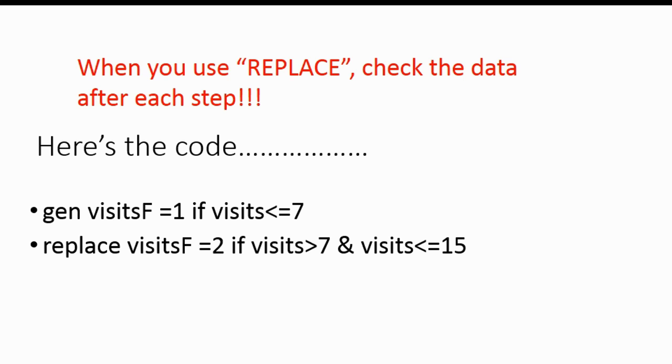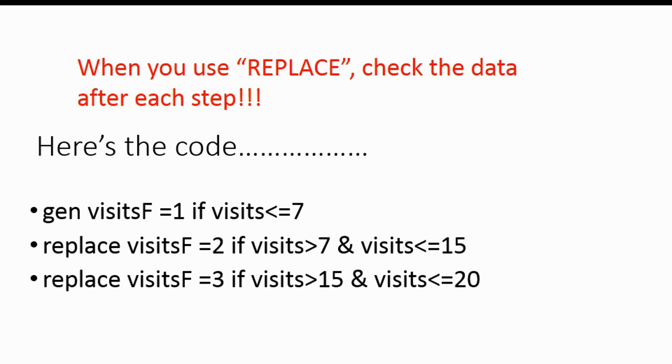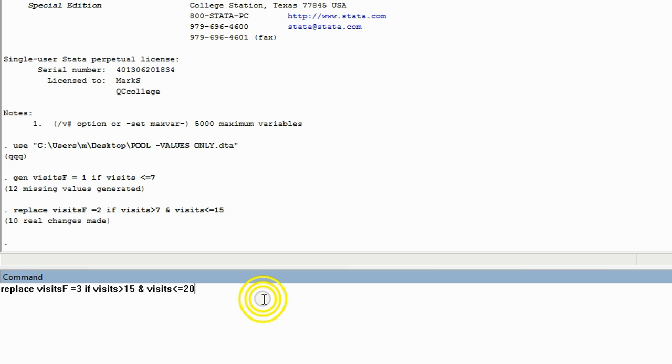Now at this point, I'm absolutely sure that you know what the final line of code will be. It's basically the same as the second to last line of code with the different cut points for the different values. And again, if you'd like to pause the video and type in this code, that's fine. But I have already typed it in.